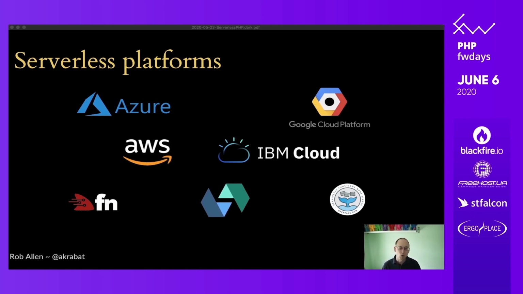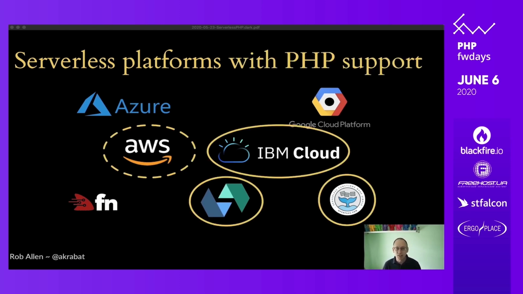All open source, all good choices as well. If you want to do PHP, then these are the ones you should be looking at first. Much easier on these platforms. So on the open source side, OpenFaaS and OpenWhisk have got great first-class PHP support. IBM Cloud's function system is built upon Apache OpenWhisk, so that also has great first-class support.